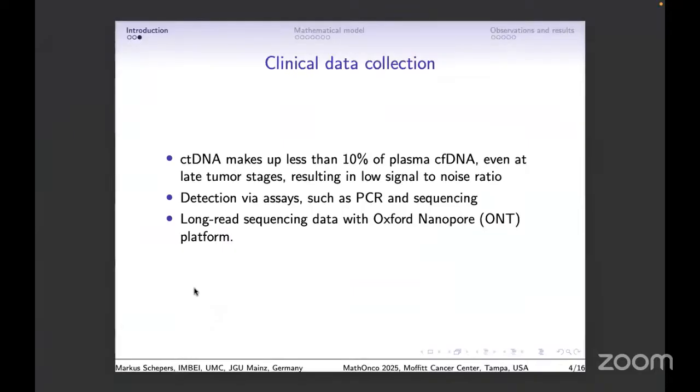In general, ctDNA makes up less than 10% of the cfDNA, even at late tumor stages, and in early stages it might be only 1% or less, but this doesn't invalidate the approach if you know which signal you're looking for. The data is collected via bioassays such as polymerase chain reaction or sequencing. Particularly valuable would be long-read sequencing data, such as the recent Oxford Nanopore platform.